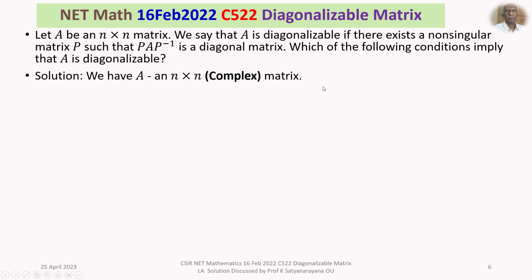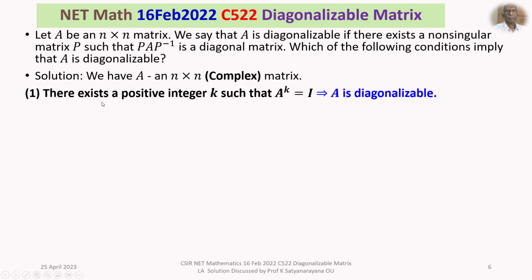Therefore, we are taking the field F as the field of complex numbers, and that is why we take A, an n by n complex matrix. Option 1. There exists a positive integer k such that A power k is equal to identity. Then A is diagonalizable.